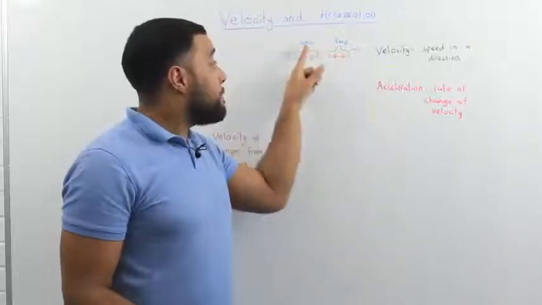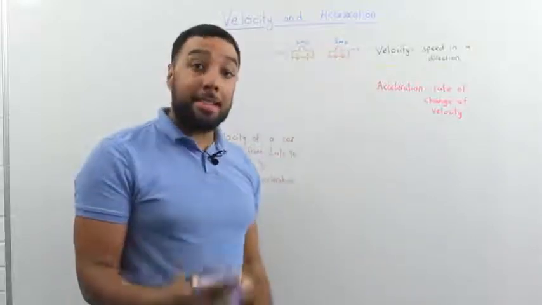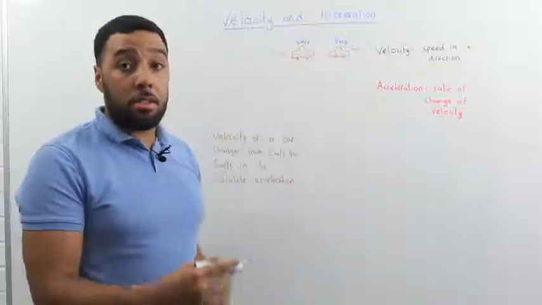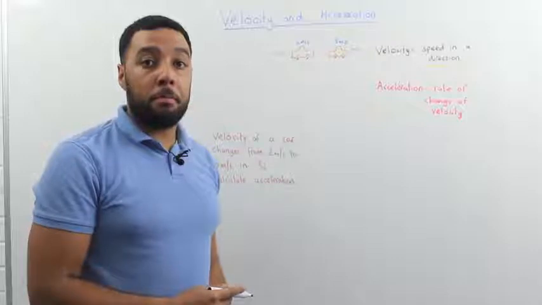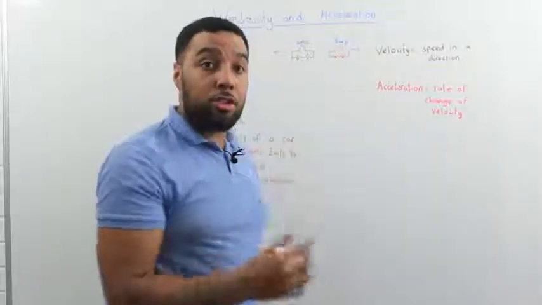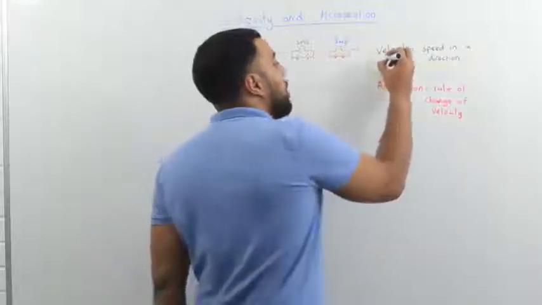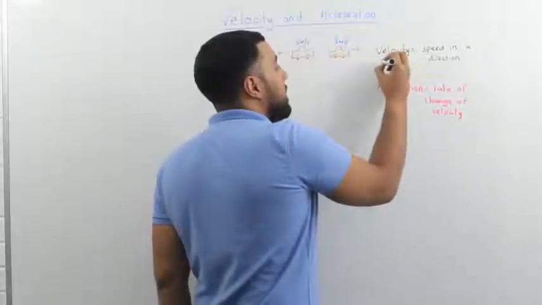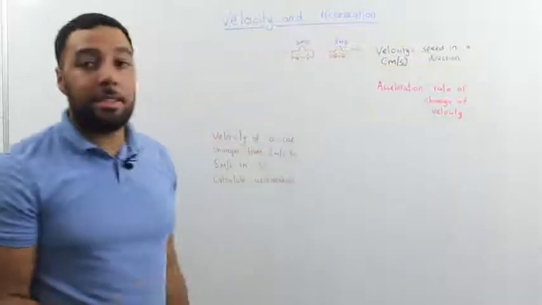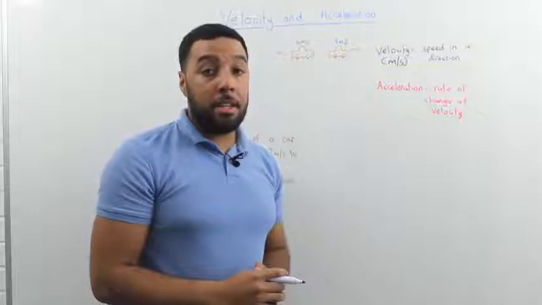Now, although their speed is the same, their direction is different, which means their velocities will also be different. Because velocity is just measuring speed in a direction, the unit for velocity is meters per second, exactly the same as the unit for speed.